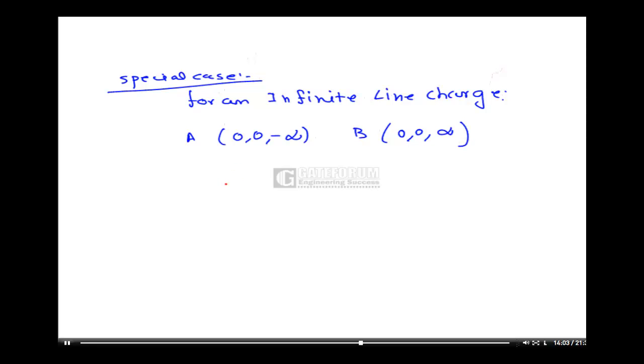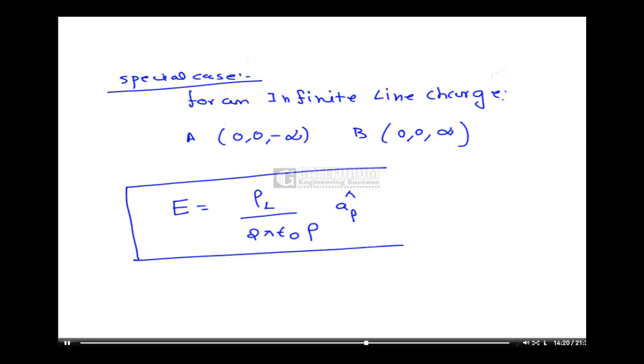If you substitute these values, for an infinite line charge the electric field intensity is given by rho L by 2 pi epsilon naught rho a rho cap. So this is the electric field intensity due to an infinite line charge. This formula is very, very important. The electric field intensity due to an infinite line charge is given by rho L by 2 pi epsilon naught rho a rho.